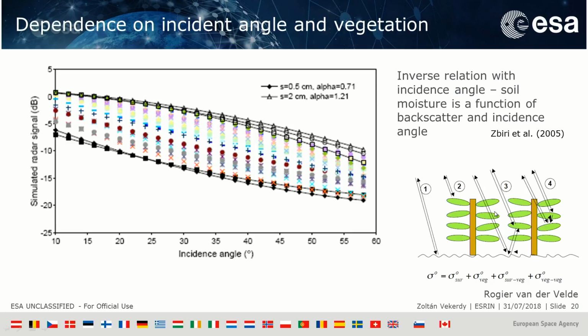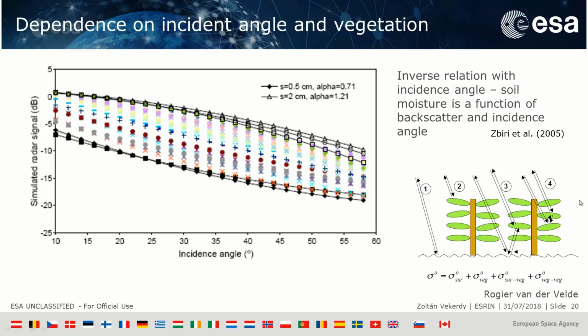The same issue that we saw already with passive microwave. The signal that we get is not only coming from the surface that we are interested in. So here, this is the backscatter of the surface. But we also have backscatter of the vegetation.